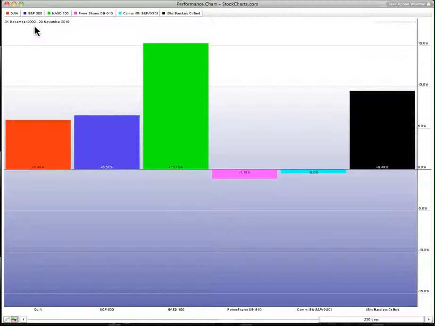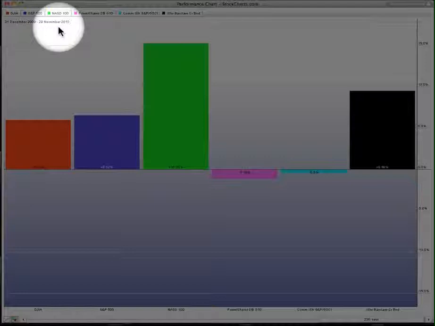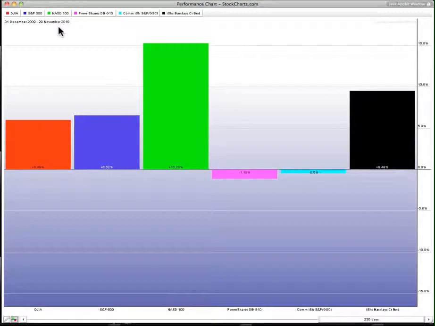I've just enlarged the chart. This is the year-to-date performance from 31st December 2009 till 29th November 2010.